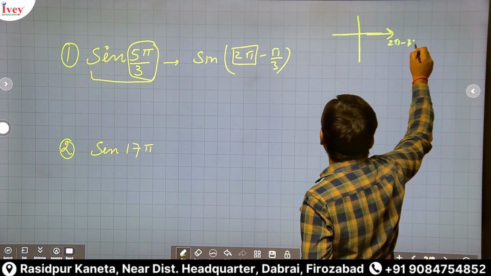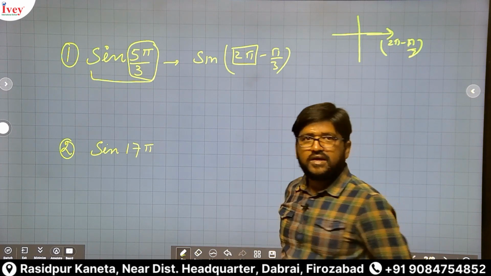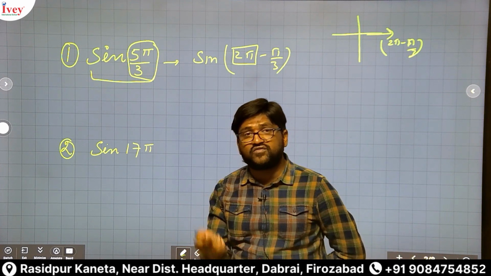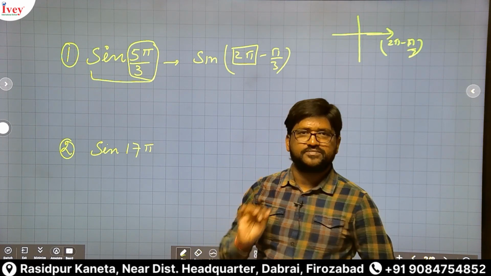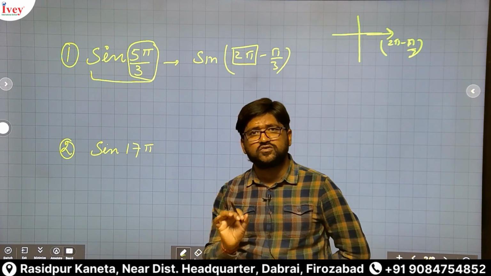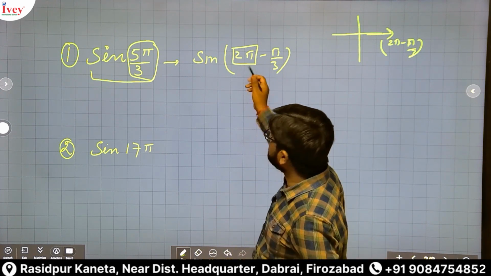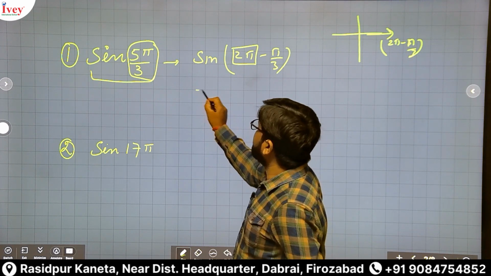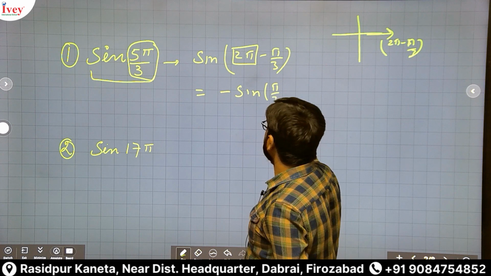So we are landing where? In the fourth quadrant. And we have learned that in the fourth quadrant cos and sec are positive. Which trigonometric ratios are positive? That is cos and sec. Here it is sine, right? So it will be negative. So it is minus sine pi by 3, right?